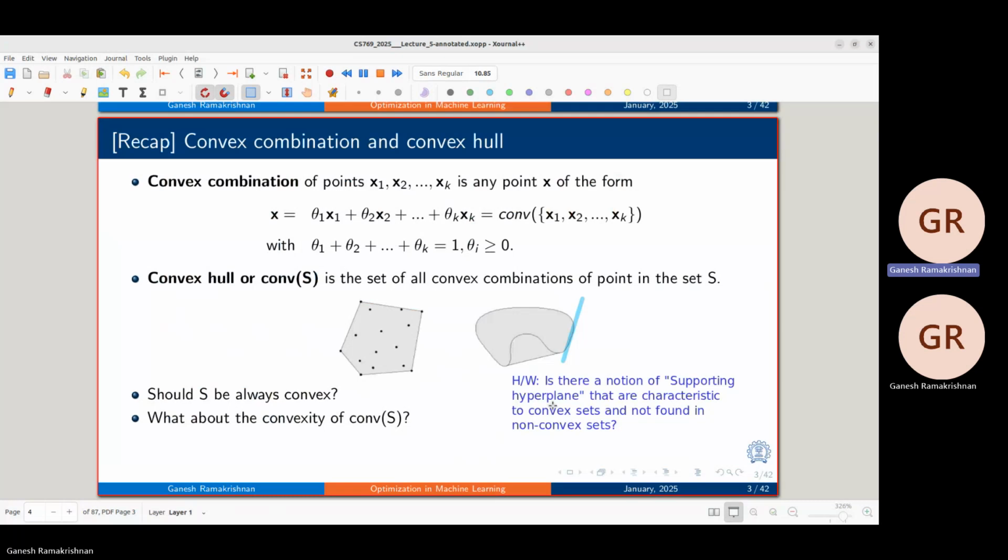What is that property? A theorem, a corollary of a derivative of a separating hyperplane theorem. If you have two convex sets, they're guaranteed to have a separating hyperplane.